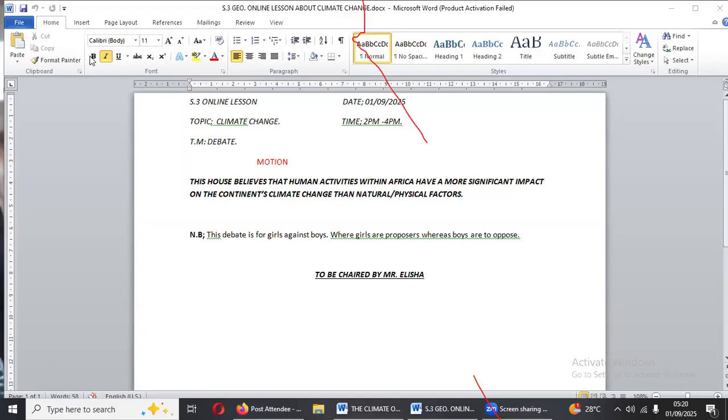When the overhead sun is in the northern hemisphere, at the Tropic of Cancer, in the months of May to September, the ITCZ shifts to the north and heavy rains are experienced in the region, while the southern hemisphere experiences dry conditions. During the months of November to April, the sun is overhead at the Tropic of Capricorn, and the reverse is true. The equatorial region experiences rainfall throughout the year, coinciding with the overhead sun.